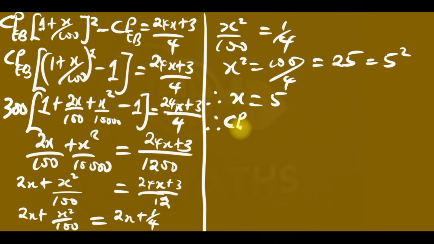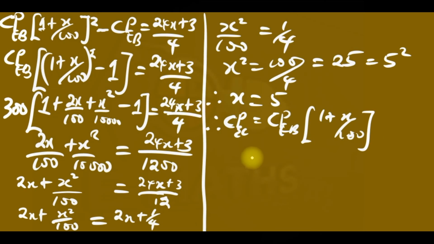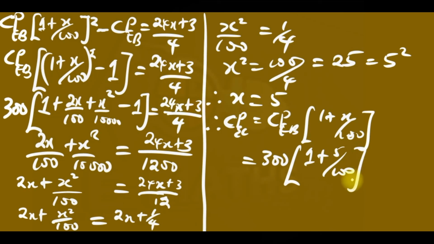The cost price of Echezona is CP of Ebuka times (1 plus x over 100), which is 300 times (1 plus 5 over 100), and this is 300 times 105 over 100.